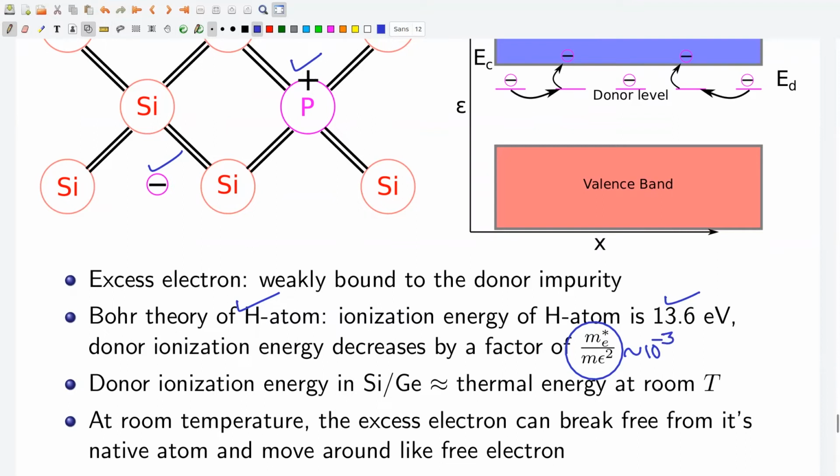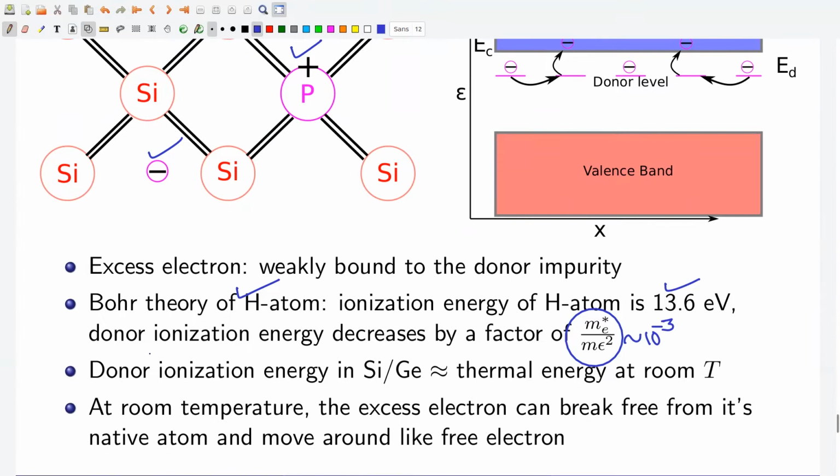Such a spectacular decrease is because of the fact that Coulomb force between the positively charged impurity atom and the electron reduces in a semiconductor crystal because of screening. As the Coulomb attraction is reduced inside a semiconductor crystal, the ionization energy also reduces. Donor ionization energy is very low in silicon or germanium.